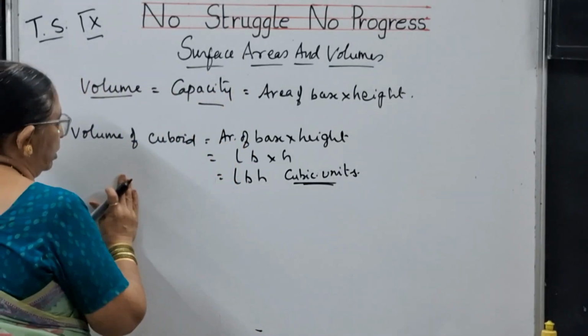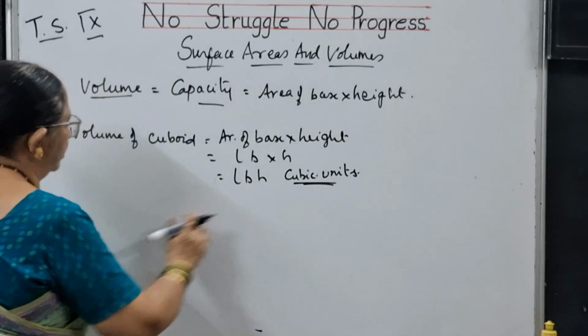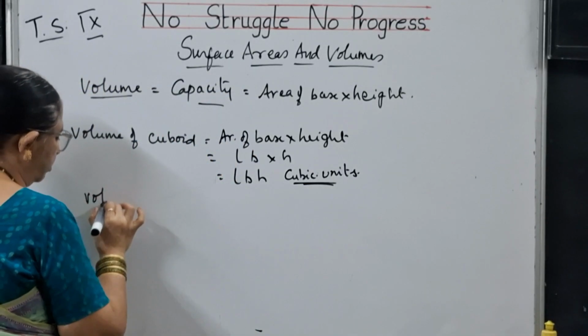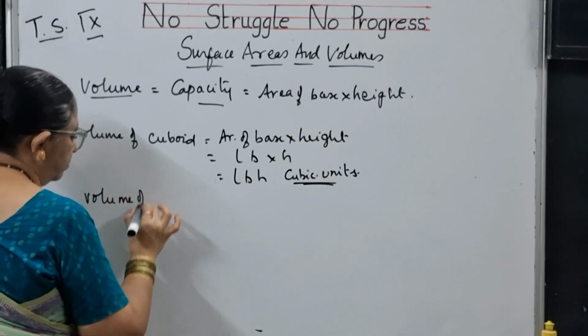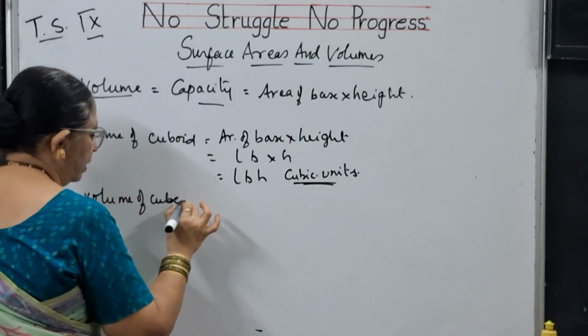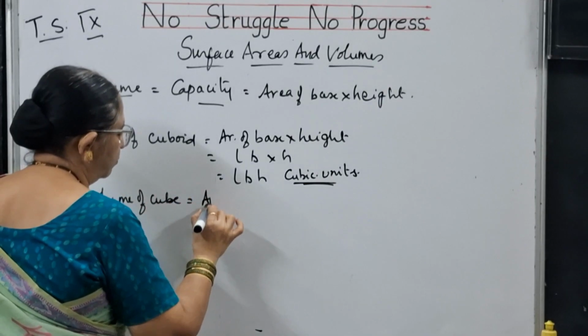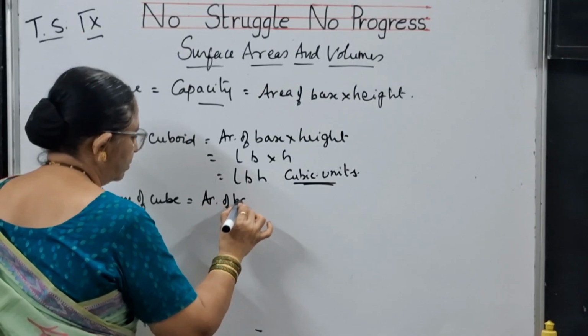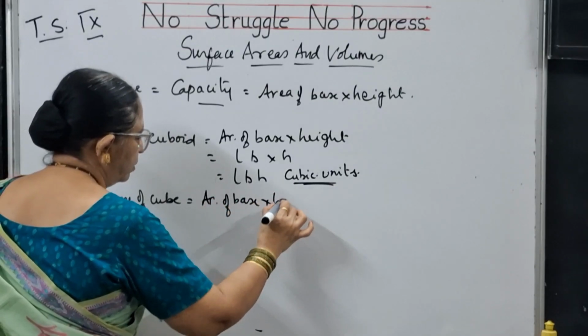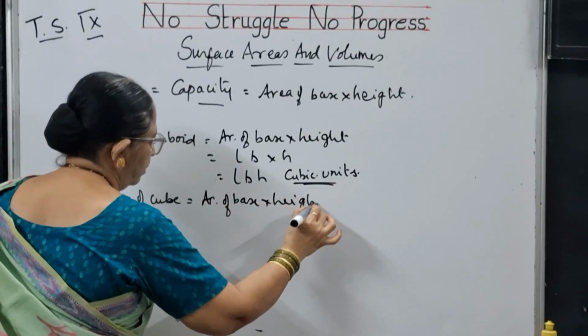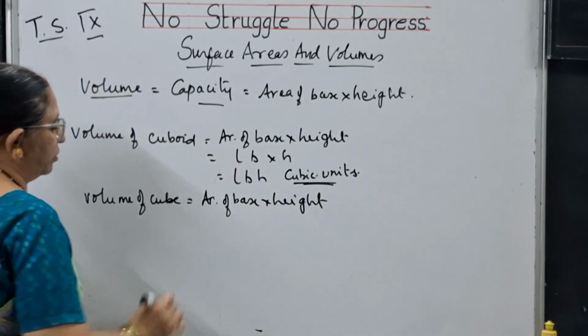So here volume of cuboid is LBH. Now we will be talking about volume of cube. Again, here also the same formula, area of base into height. Very easily you can develop the formula, children.